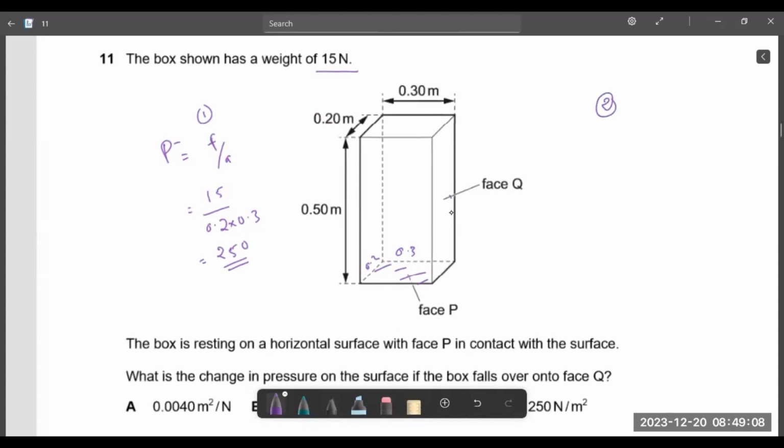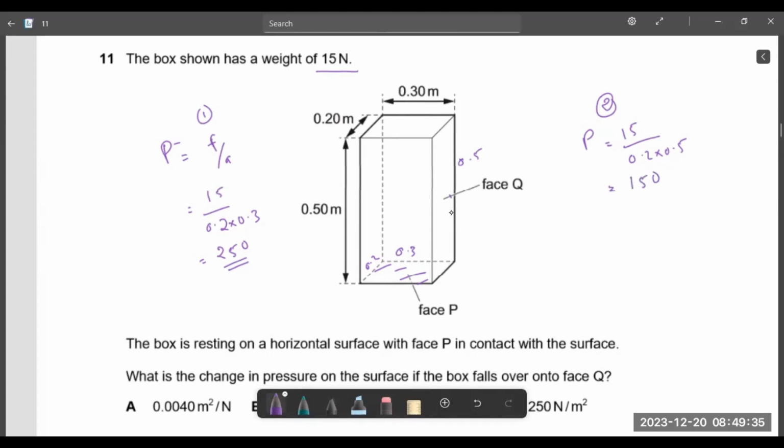Next, you calculate the pressure for the second case. Force remains the same, 15, and the area is different. It is resting on Q, with sides 0.5 and 0.2. So 15 by 0.2 into 0.5, which gives 15 by 0.1, that is 150.